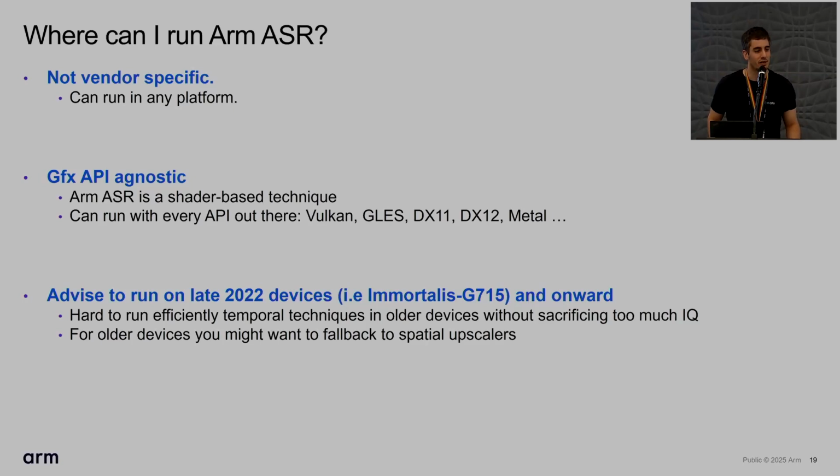So in order to guarantee that your upscaler can fit within a budget of 4 milliseconds or less, I think this is the first generation where you can start using it in production. Before that, it's probably spatial upscaler territory, but rule of thumb, do your profiling, profile your game, get the budget and see whether ASR works for you.